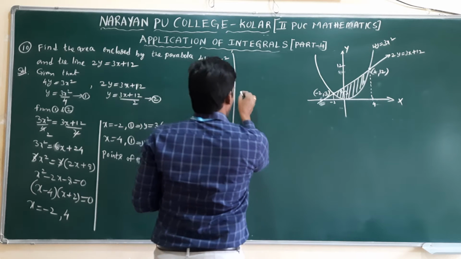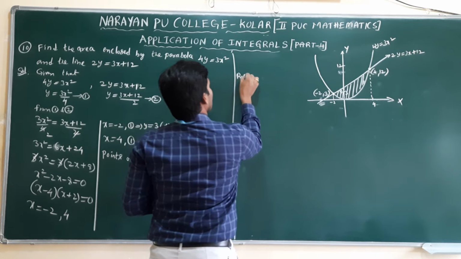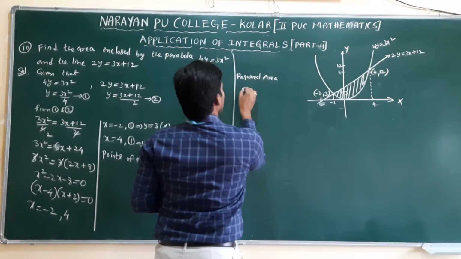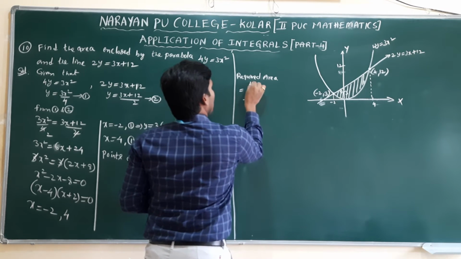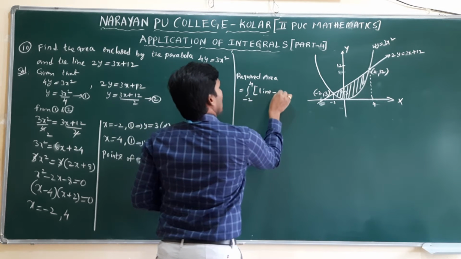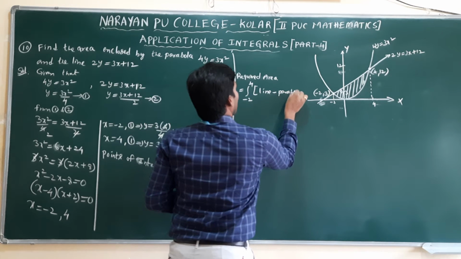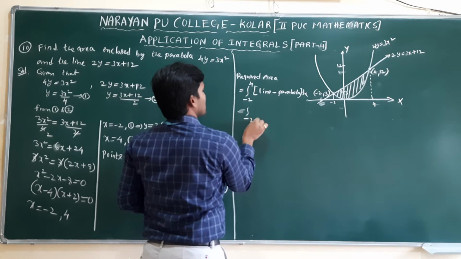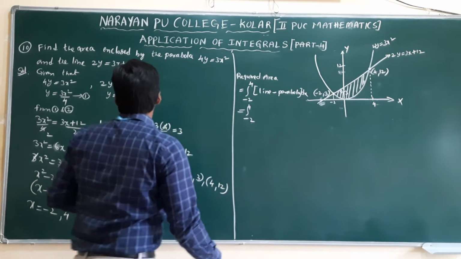So the required area equals, from where to where? Minus 2 to 4. Upper is a line, lower is a parabola or curve, whatever, into dx. I am taking x limits, so the function is also in terms of x. Already we got it.